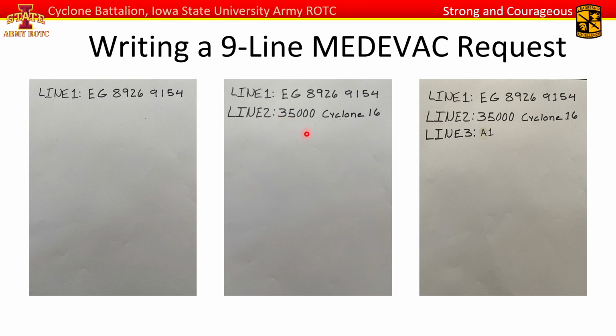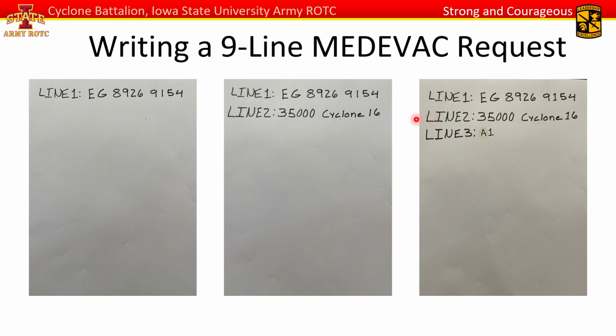We'll have an RTO for each platoon leader, and then they'll use that. So the RTO has to be able to input these. But this is the frequency of the radio at the pickup site. So whoever has the radio there, the RTO, this is the frequency that they can be reached on. This is the platoon leader's call sign. So, and this is the suffix that specifies that it's the platoon leader.